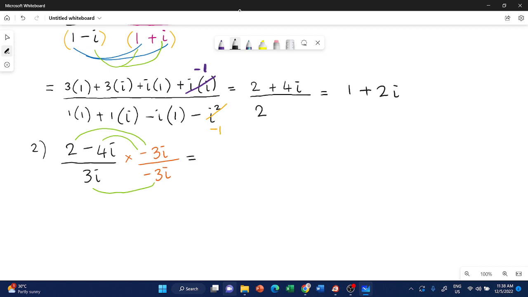Okay, then for the numerator we have into here. And then here we have multiplication negative 6i. Then plus 12 i squared.